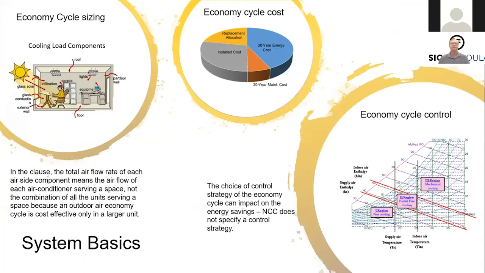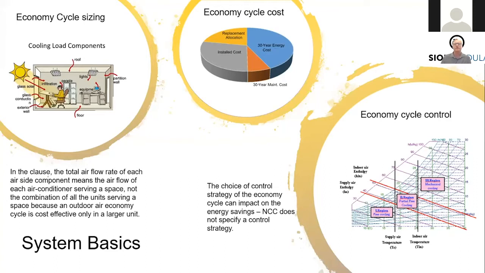On the cycle chart, there is a position where economy cycle works very well, and then there's a position where the economy cycle can work in a mixed mode with a minimal level of assistance from the HVAC system. And then, of course, there is the section of the cycle chart where you have to use the HVAC system and controlled cooling or heating.